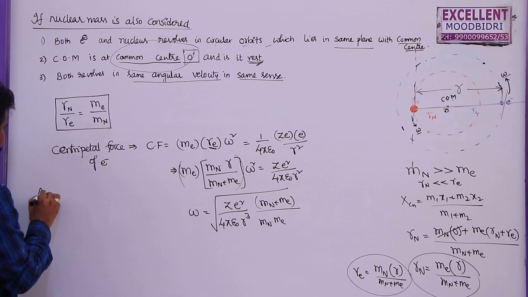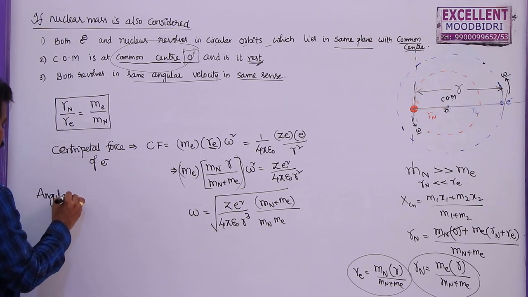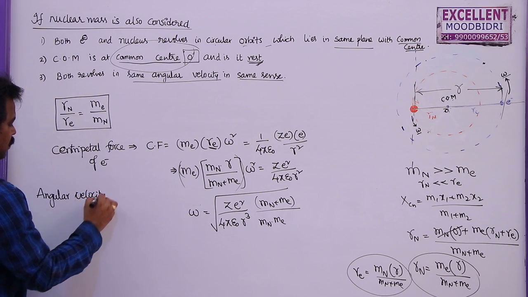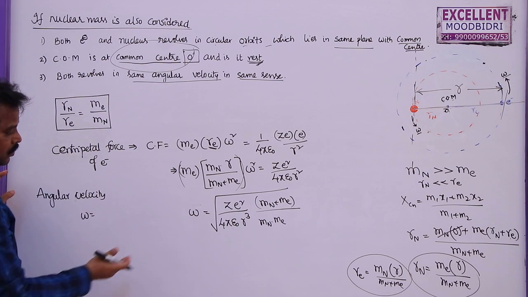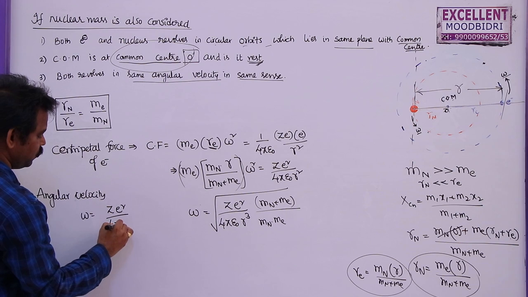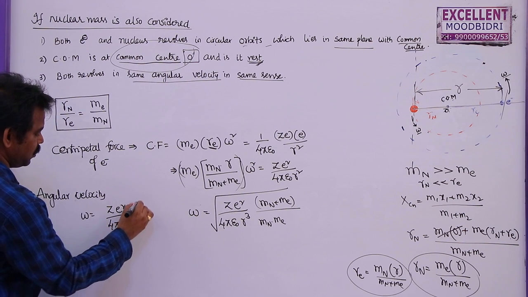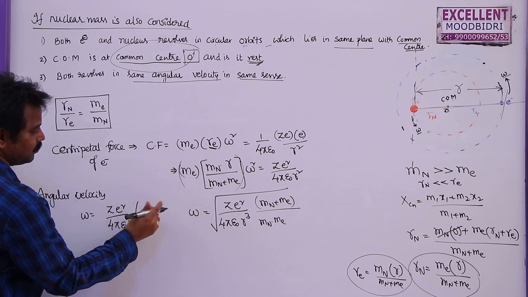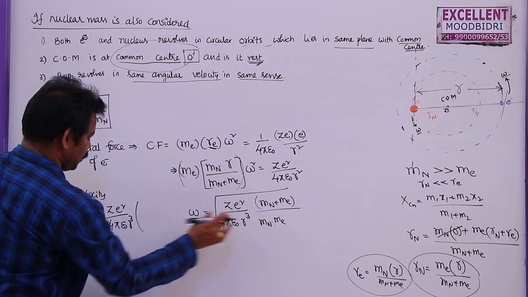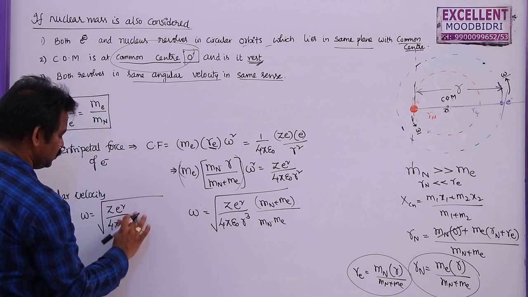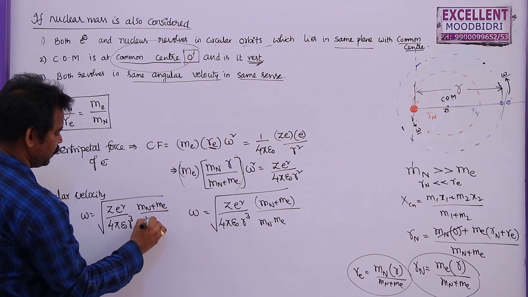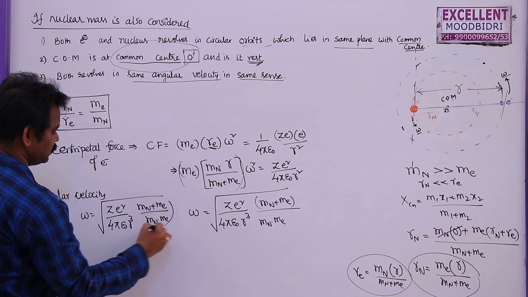So the angular velocity omega of both nucleus and electron is given by, you can see in this equation, Z is a constant, e square is a constant, 4 pi epsilon naught R cube. The remaining terms are the sum of the nucleus and electron masses by the product of the two: mass of nucleus plus mass of electron by mass of nucleus into mass of electron.